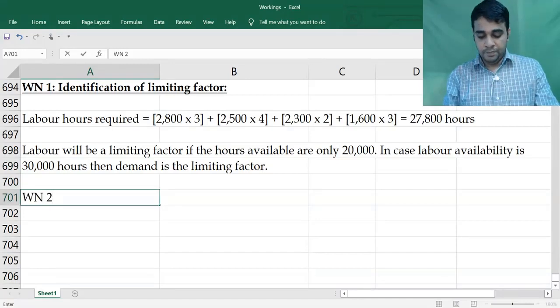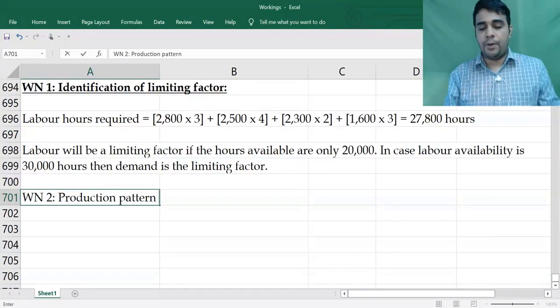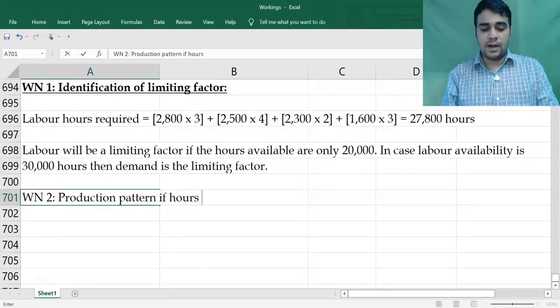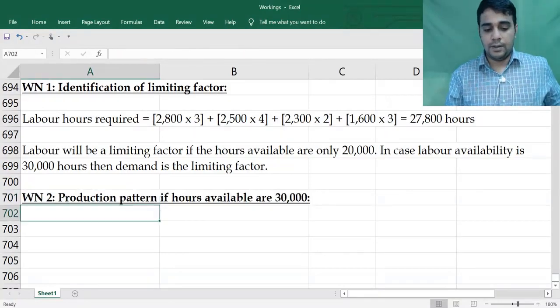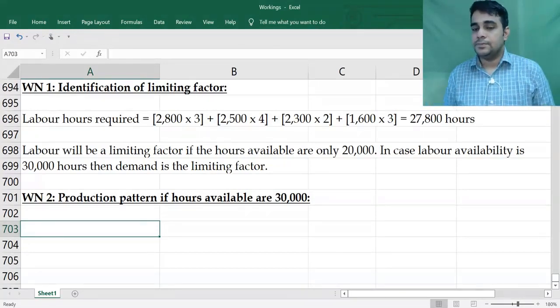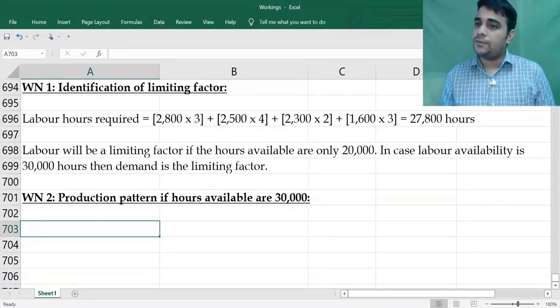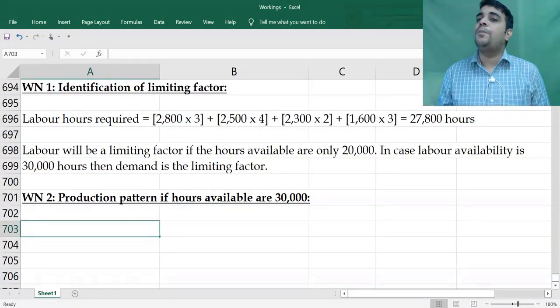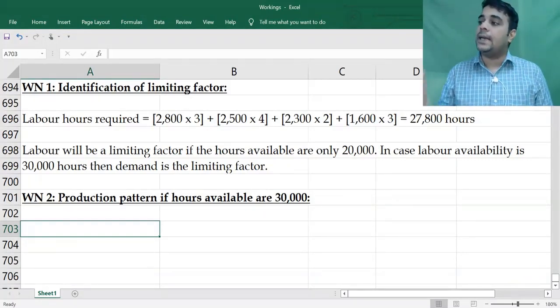Working note 2, production pattern. If hours available are 30,000, I'll come to 20,000 in some time. There is no shortage of availability of labor. I am going to produce whatever the customer asks for, because for all the 4 products I can meet the maximum demand.